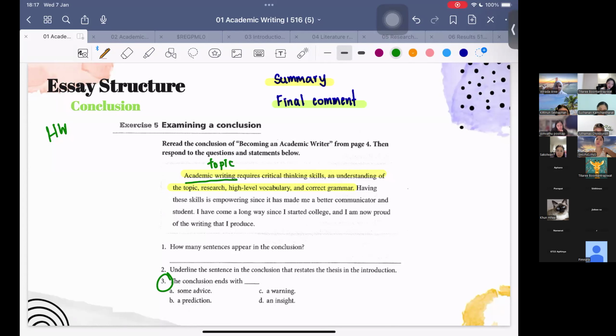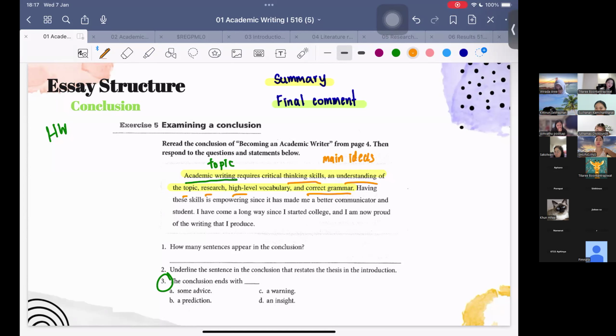And the listing of the main ideas is here: it requires critical skills, understanding of topics, research, a high level of vocabulary, and correct grammar. Those are the list of all of the main ideas.